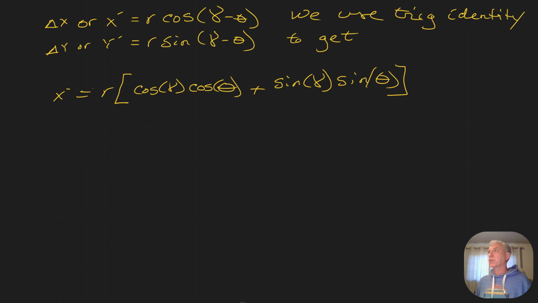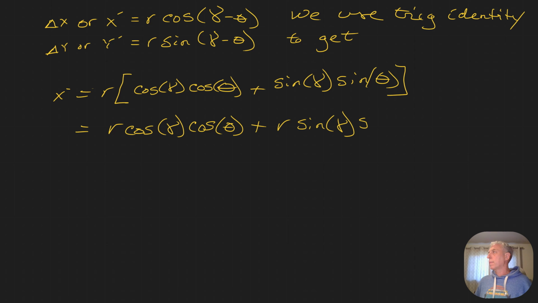Let's stick with our x prime, and then we'll just apply it to our y prime. So that equals, if I distribute the r in, r cos gamma cos theta plus r sine gamma sine theta.